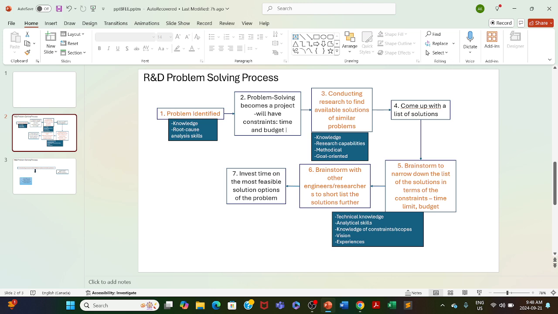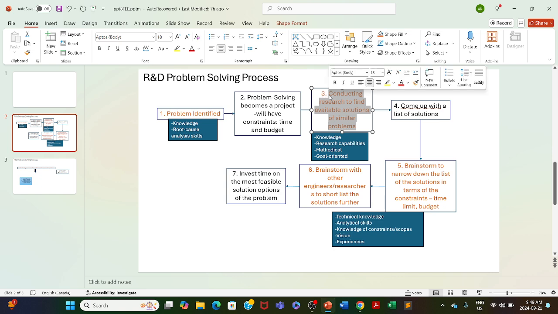And here I just want to tweak this step, number three, conducting research to find available solutions of similar problems.